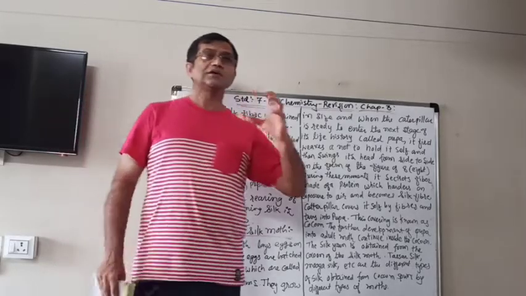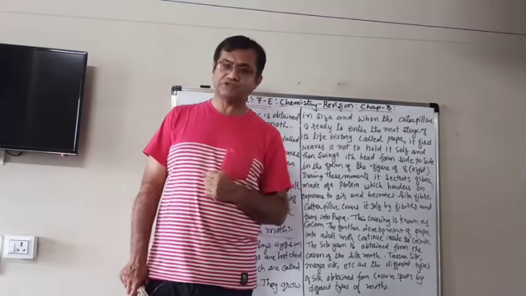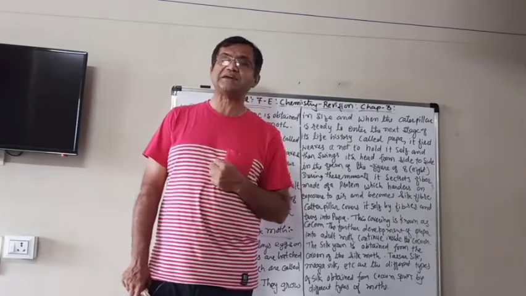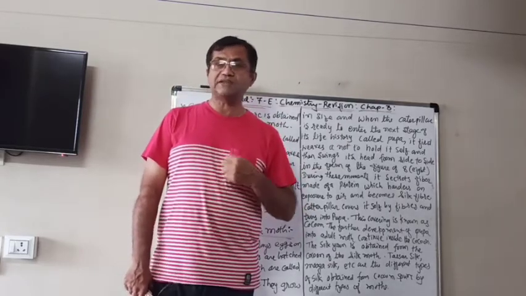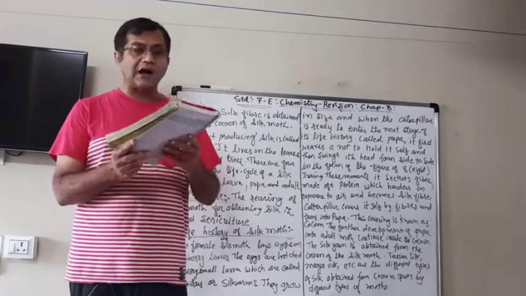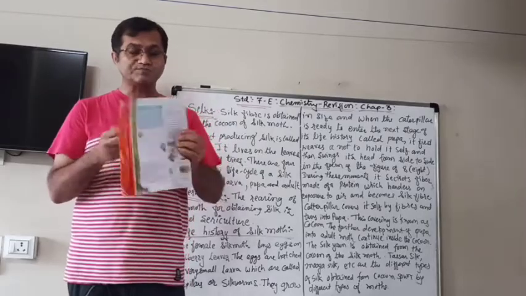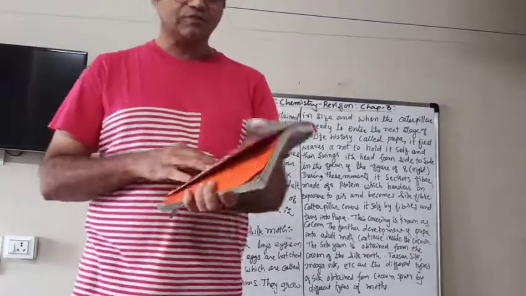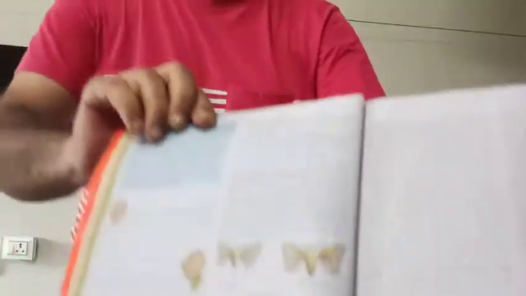When the complete development is finished, it will crack that cocoon, and then the adult silk moth will come out from that cocoon. You can see the picture which is showing the different stages of the moth.